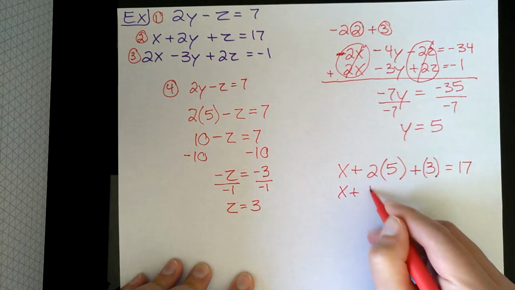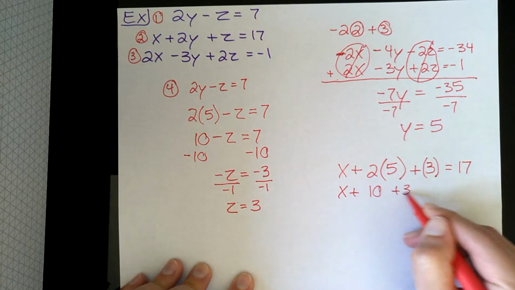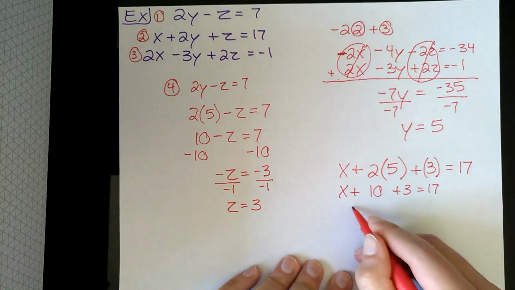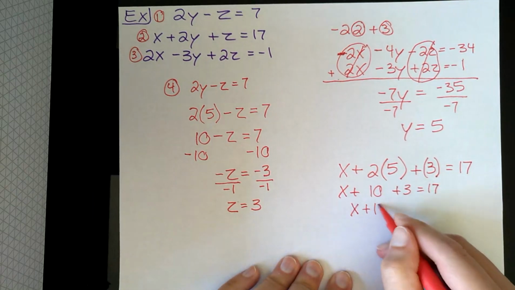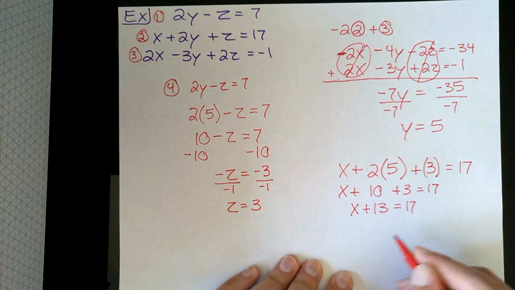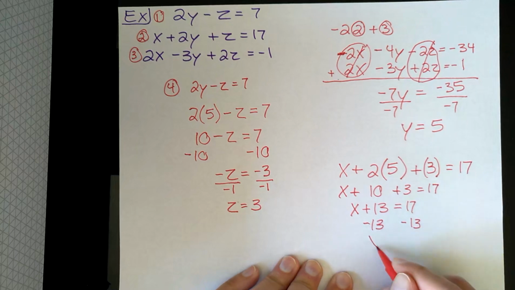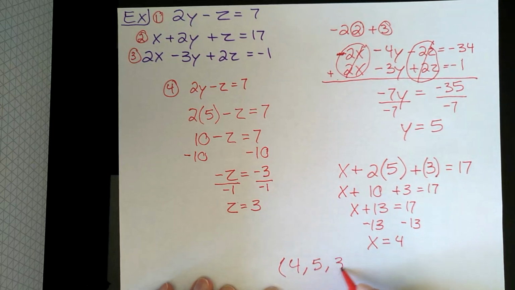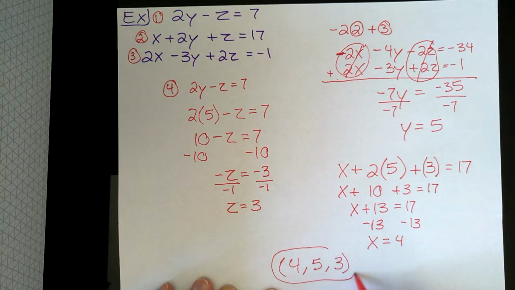Which gives us x plus 10 plus 3 equals 17. Simplifying, we get x plus 13 equals 17. And subtracting 13 from each side, we get x equals 4. Remember, we give our solution as a point. So we have 4, comma 5, comma 3, x, comma y, comma z.